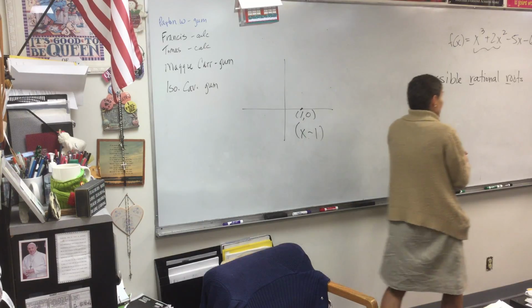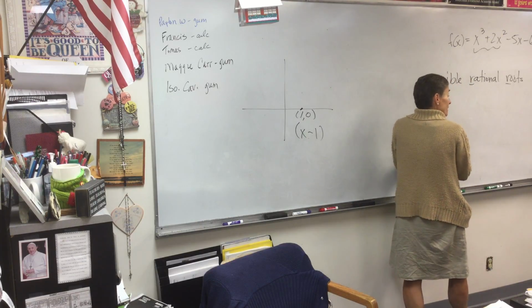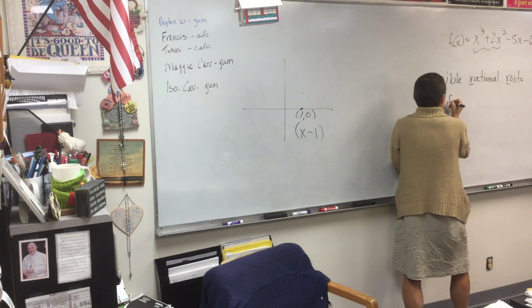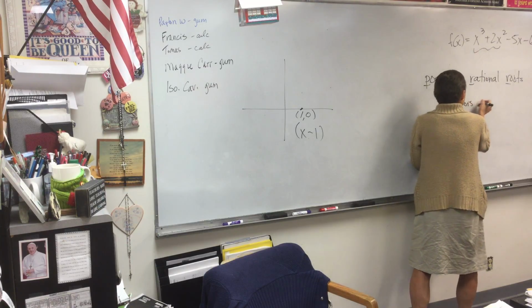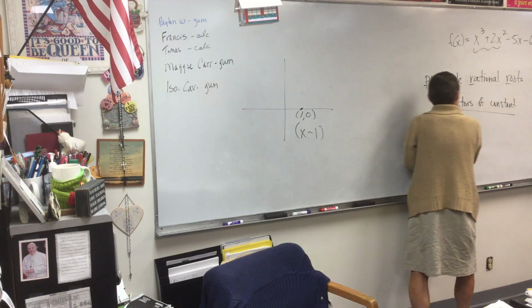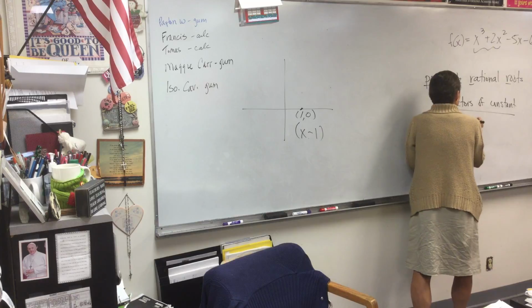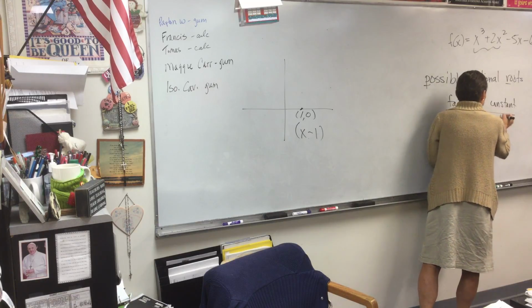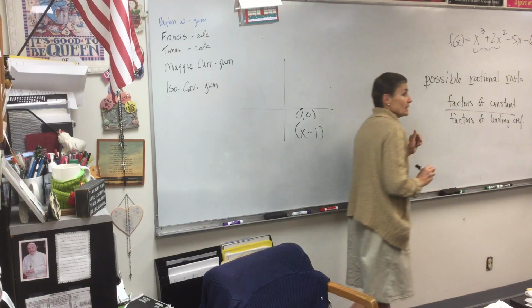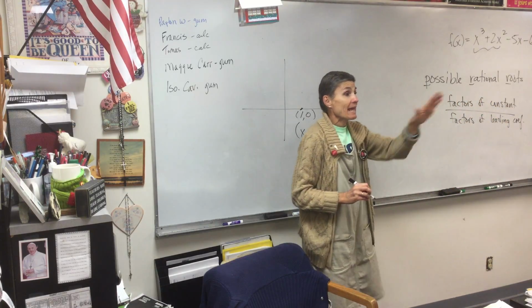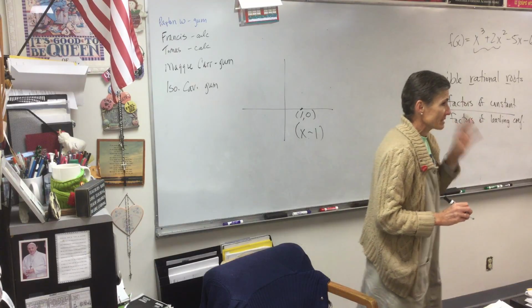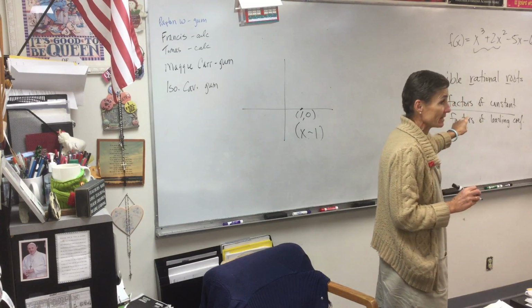Now, what does the possible rational root rule say? It says that your possible rational roots are factors of the constant over factors of the leading coefficient. Now, I don't think any of you were born knowing the possible rational root rule, so you might want to write that down.